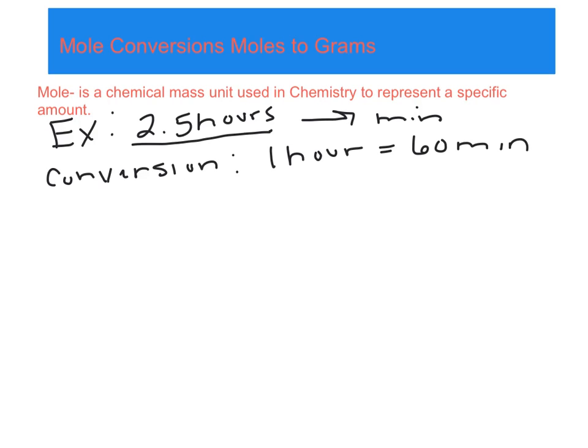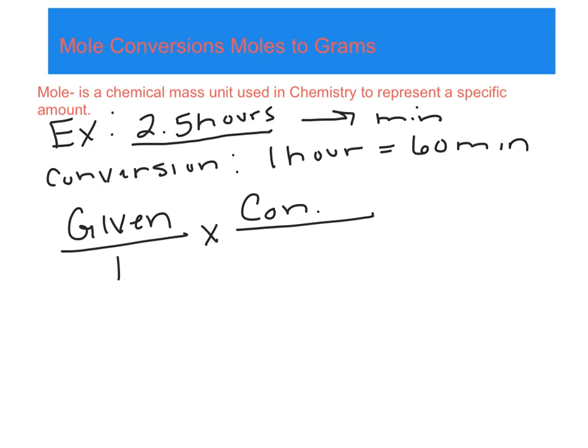So let's set up our conversion real quick. The typical format for dimensional analysis is very simple. You take your given, you put it over 1, and then you multiply by whatever your conversion factor is.